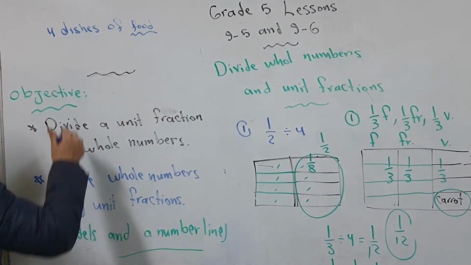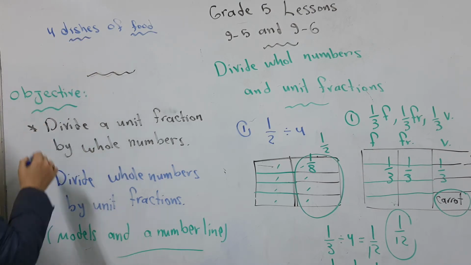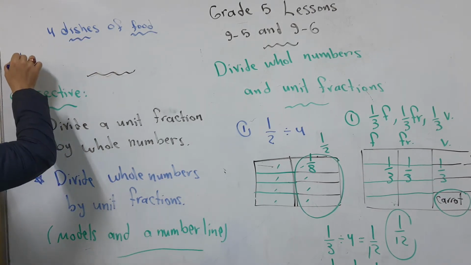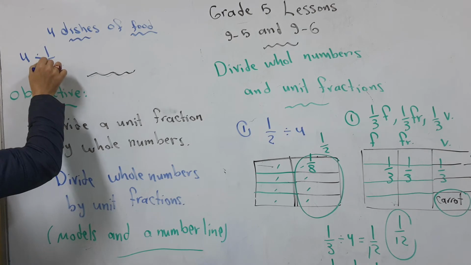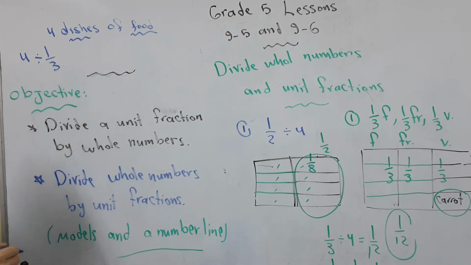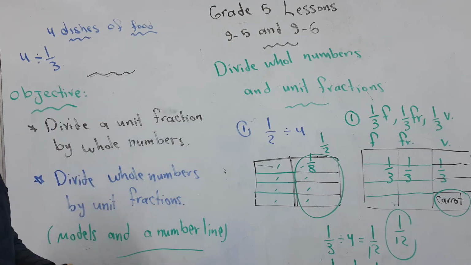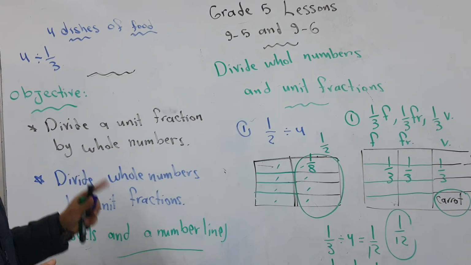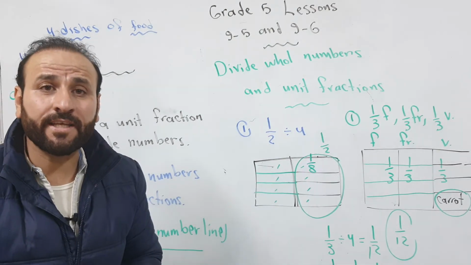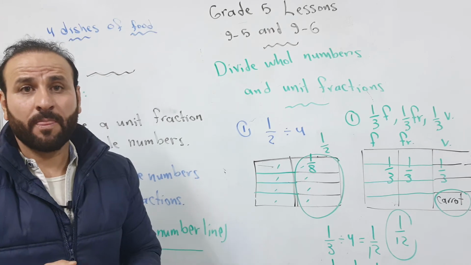So we have 4 dishes. I want to divide them by 1 over 3. Because the question says we have 4 dishes of food and I want to serve some friends, and each friend will take 1 over 3 of the dish.